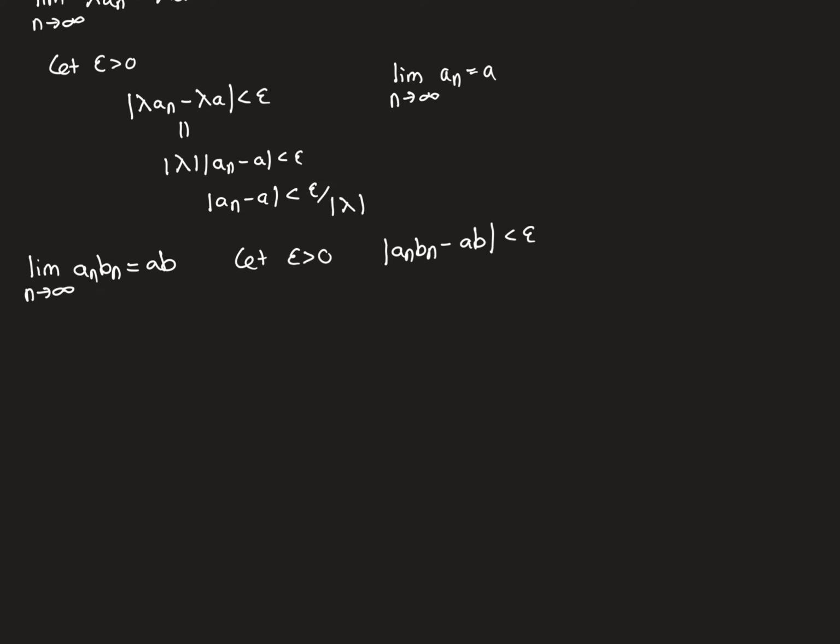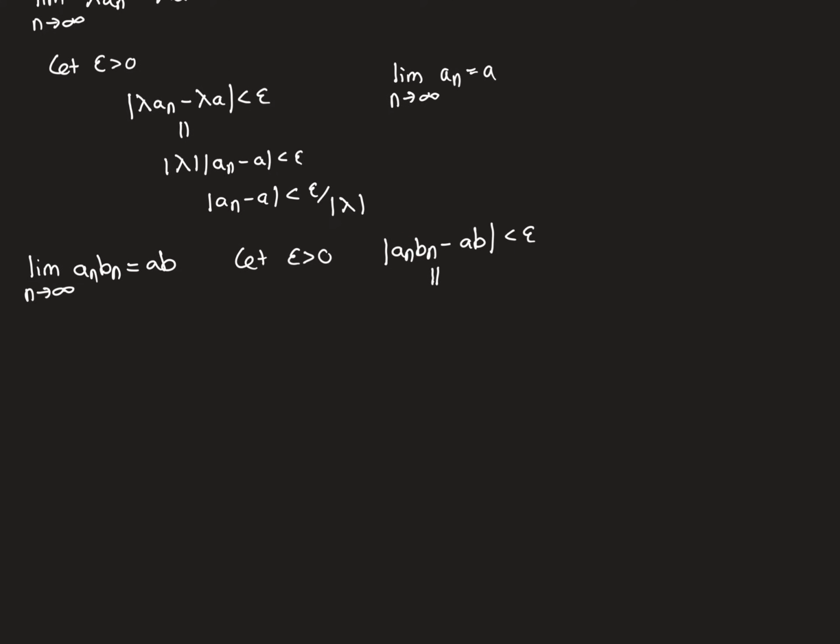So again, the first thing we're going to do is just manipulate this absolute value algebraically. Remember what we're going for. The things that we know something about are the differences between an and a and between bn and b. At the moment, this is in a difficult form because it doesn't have any of those.